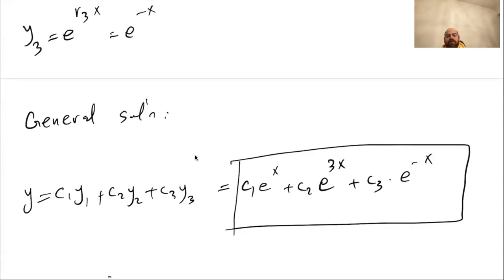And if you have the three initial conditions, you will have 3 equations with 3 unknowns, c1, c2, c3. You can solve that system to find c1, c2, c3, and then you will have your solution.